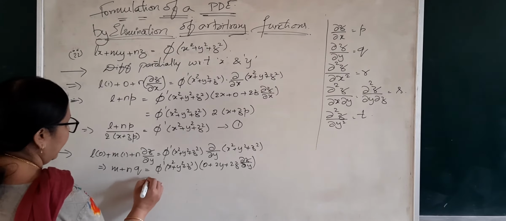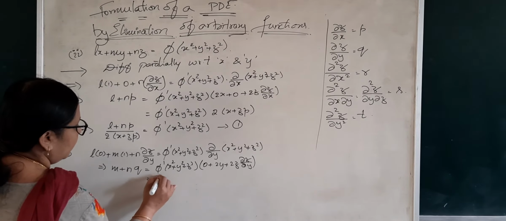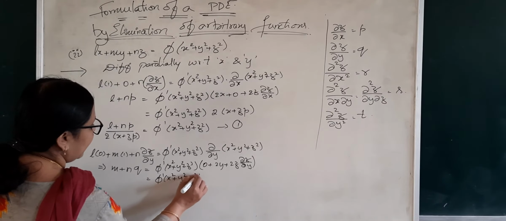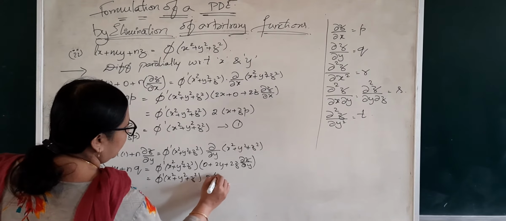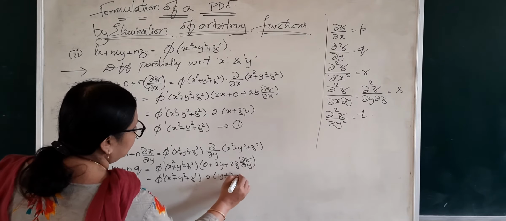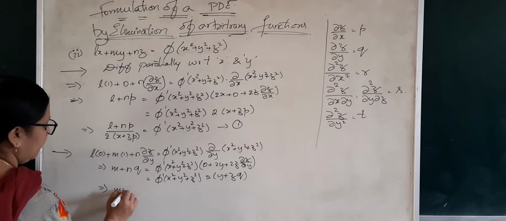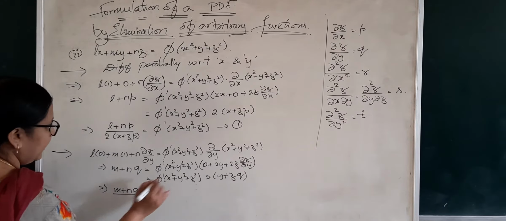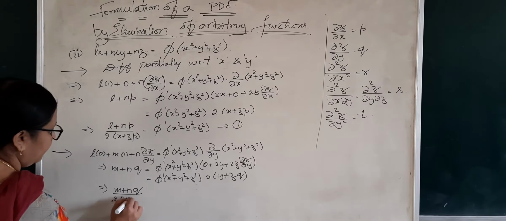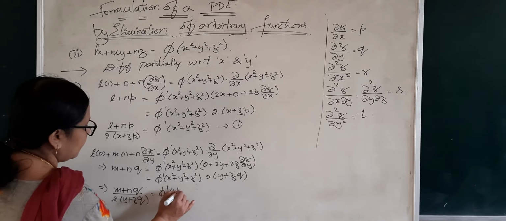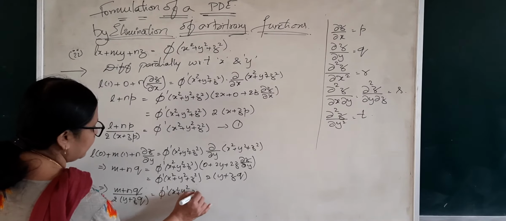Okay, so we have, this is again equal to phi dash of x square plus y square plus z square as it is. Take out 2 common, y plus z into, this will be q. So bring it down, we have m plus nq divided by 2 times of y plus zq is equal to phi dash of x square plus y square plus z square.